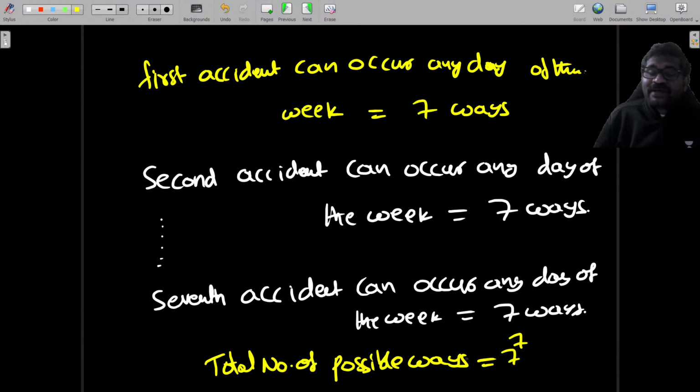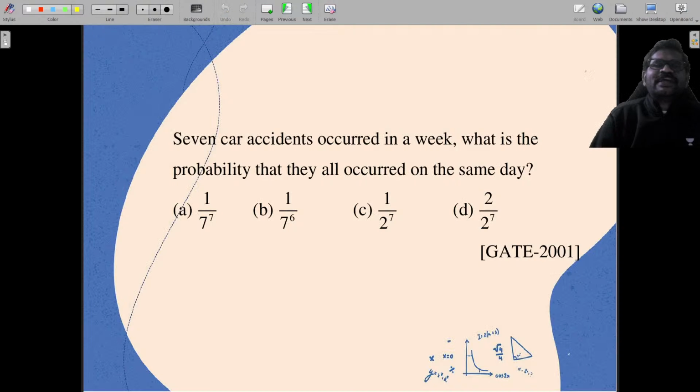Now, we have to calculate favorable cases. What are favorable cases in this problem? All these 7 accidents occurred on the same day. All occurring on the same day means either Monday or Tuesday or Wednesday or Thursday or Friday or Saturday or Sunday.